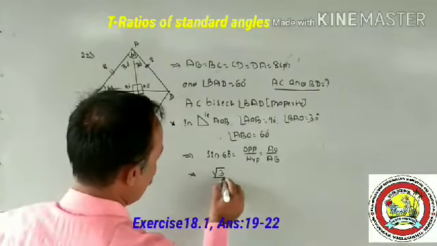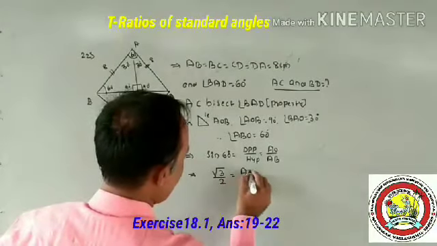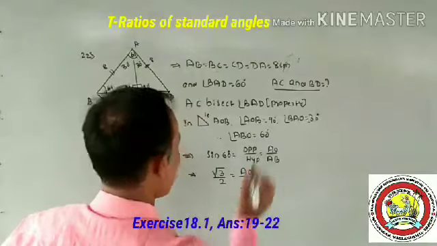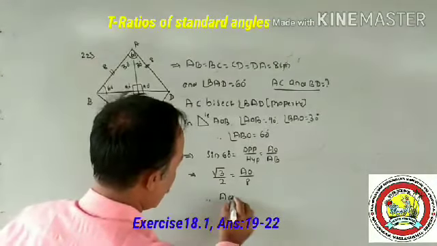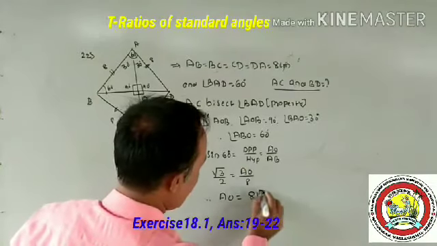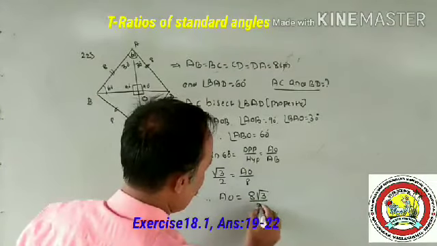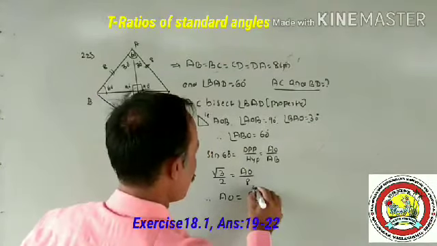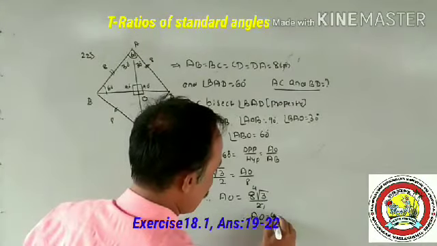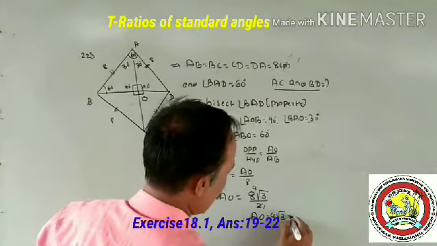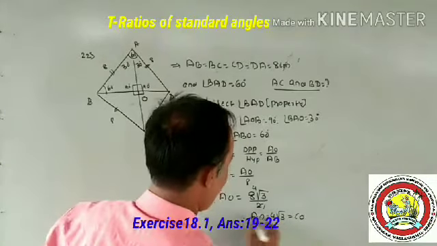Root 3 divided by 2. AO value we don't know; AB value is 8. Therefore AO is equal to 8 into root 3 divided by 2. 2 fours are 8, so 4. Therefore the value of AO is equal to 4 root 3, which is the same as CO.